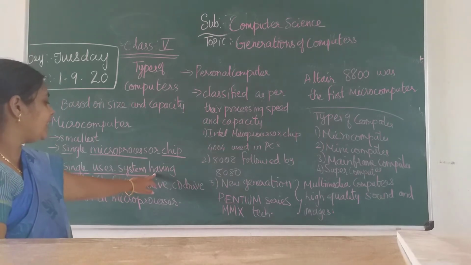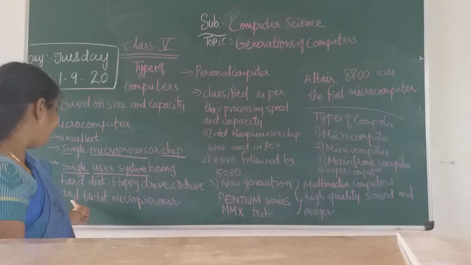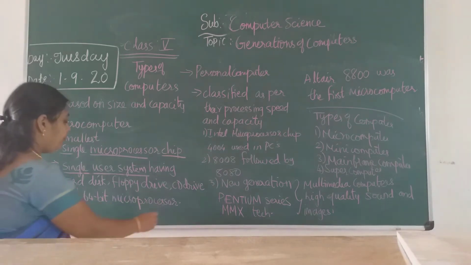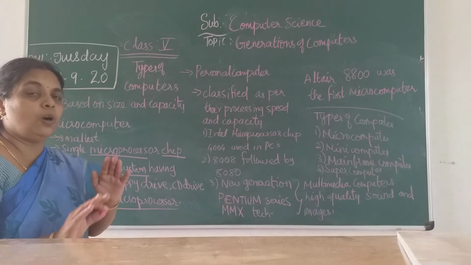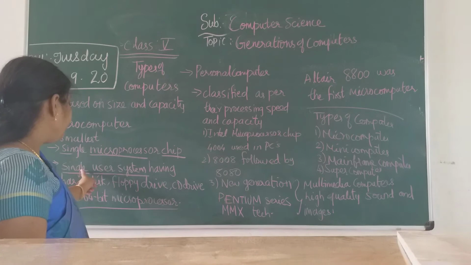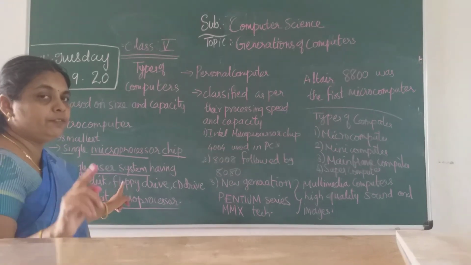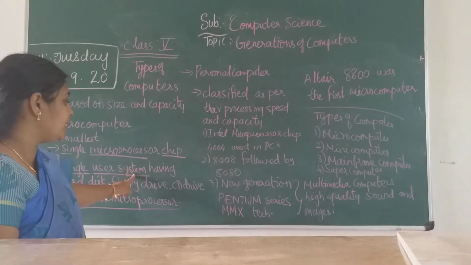What is attached to it is hard disk, floppy drive, CD drive and a 64-bit microprocessor. This processor will do all the arithmetic and logical calculations for you.